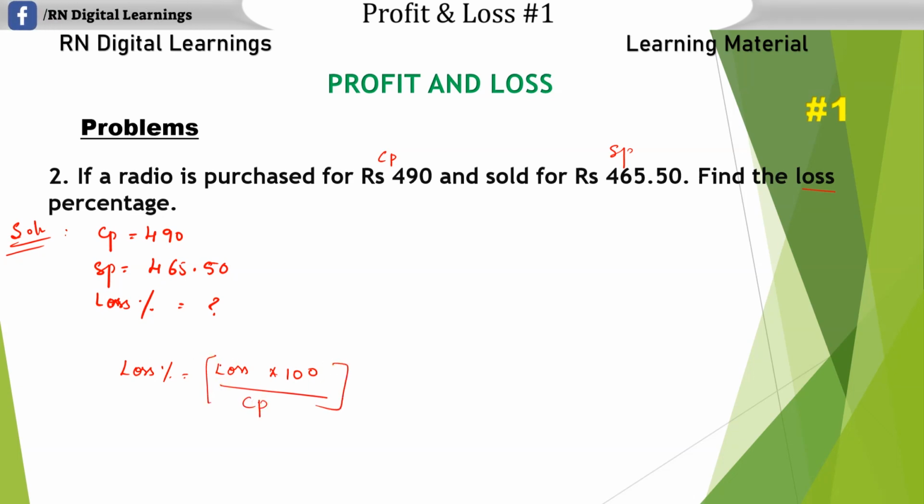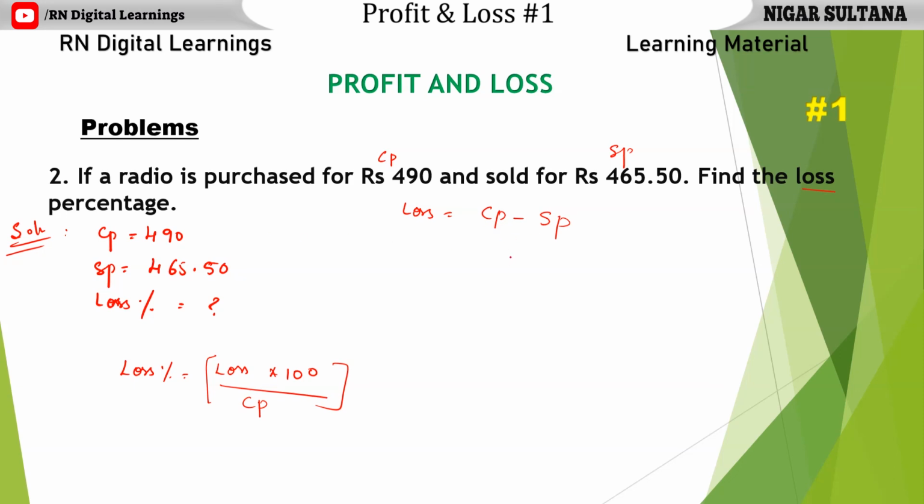We don't know what the loss is, so before we substitute the values, we need to find it. Loss is equal to cost price minus selling price, because the cost price is greater than the selling price.